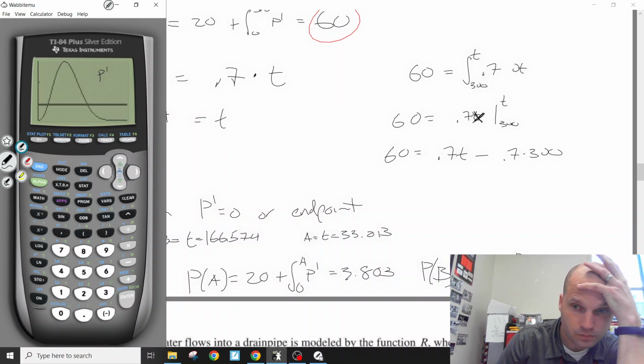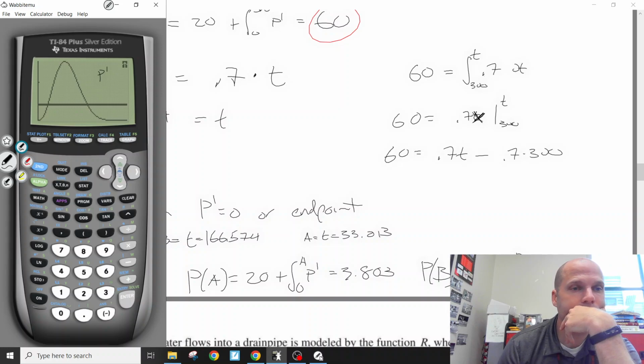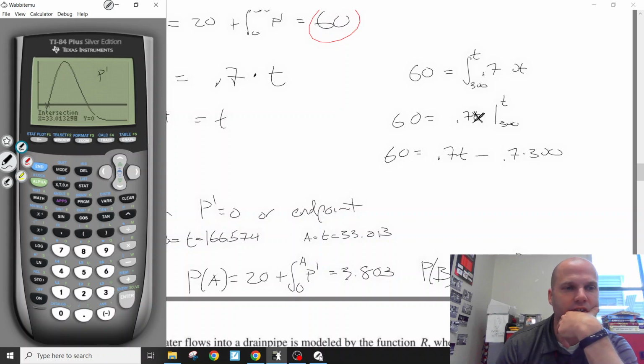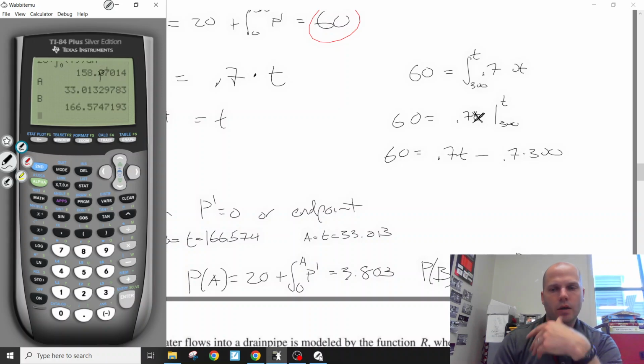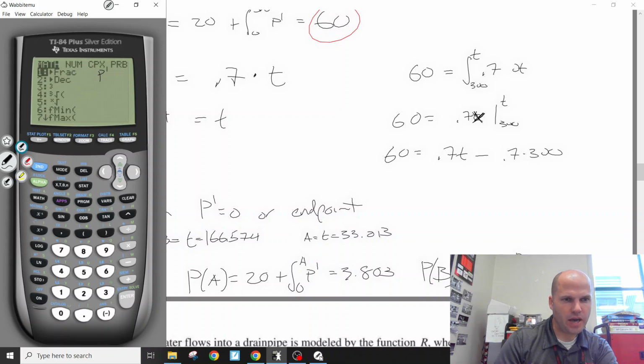Now I'm concerned. Did I save everything correctly? I'm rushing, and that's the biggest problem. I saved that as A. And I saved this as B, and it's 166. Okay, let's start over. 20 plus math 9, 0 to A of P prime.